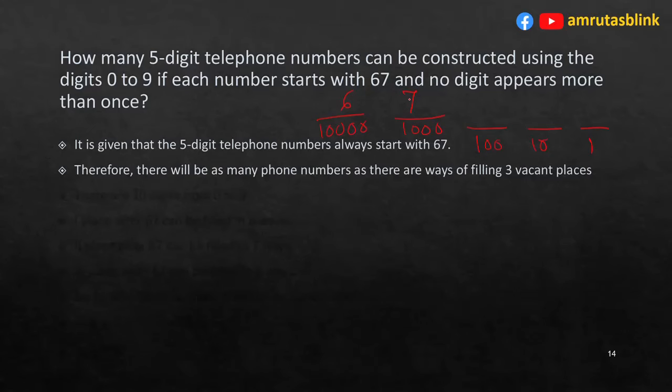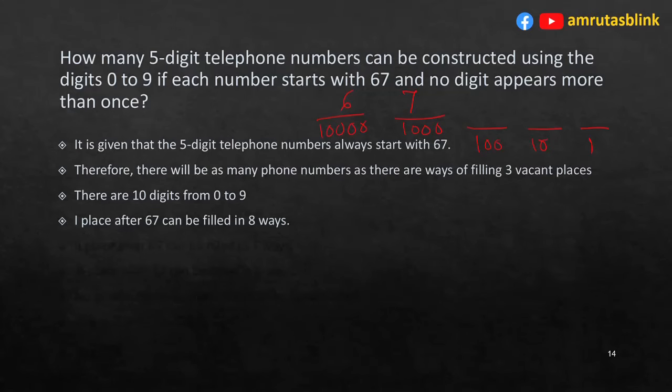So we just have to fill the remaining 3 places, that is 100, 10 and 1. And to fill these 3 places, how many digits are available? That is 0 to 9 digits are available, but no digit appears more than once, and 6 and 7 are already utilized.